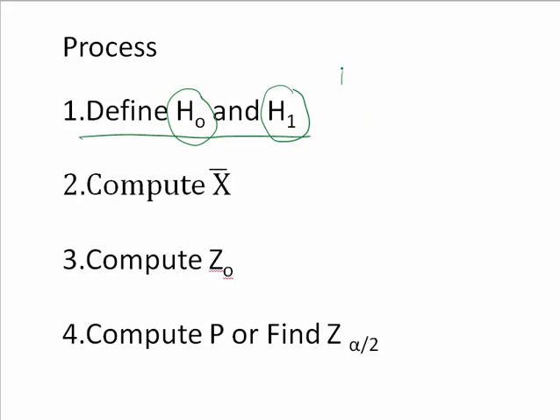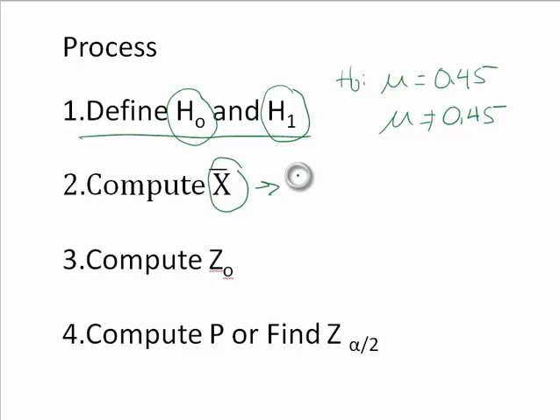Remember, it's mu is equal to 0.45, or mu is not equal to 0.45. So the next thing we need to do is compute x bar. And remember, x bar is our mean, our standard mean.